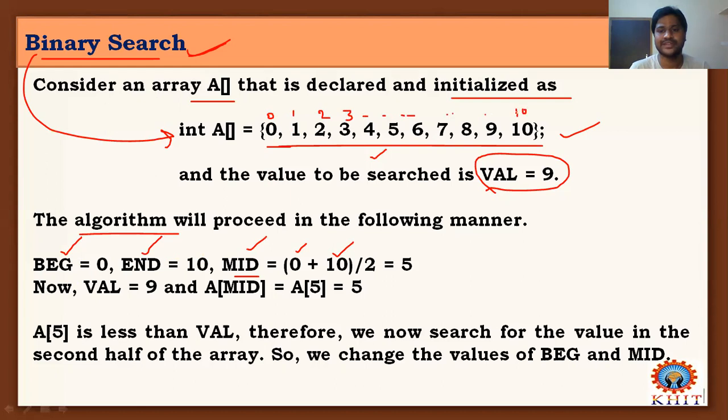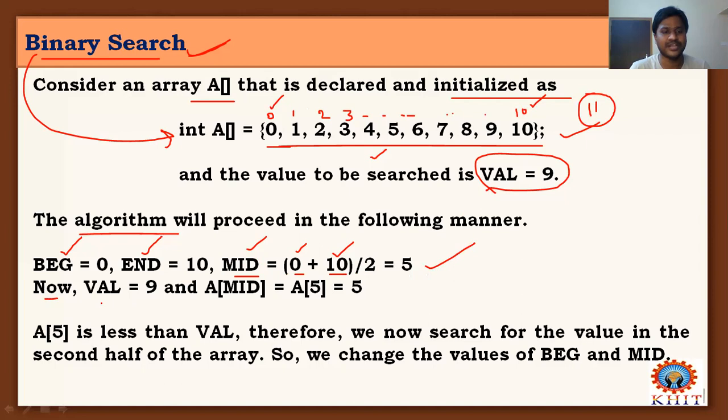So the range of index of this given array is 0 to 10, which means a total of 11 elements in this array. So the low index is 0, the high index is 10, and (0+10) by 2 as an integer is 5.